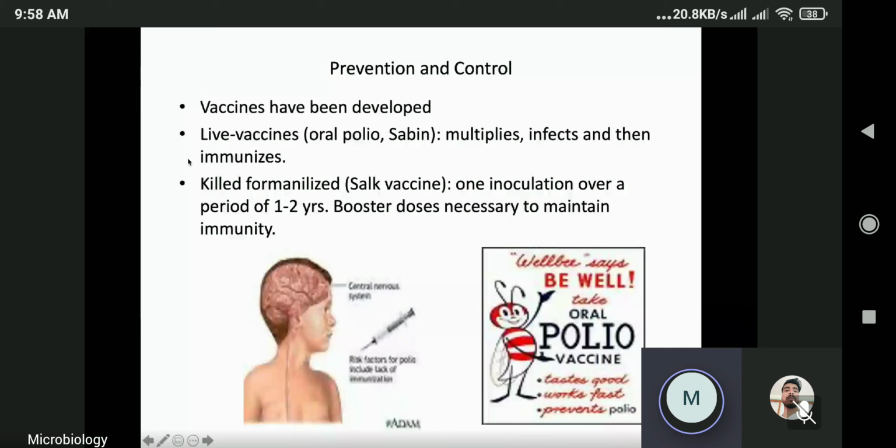These live oral polio vaccines are useful to maintain local immunity, because of the IgA antibody, since we give them via the oral route. The viruses will have a similar course as the natural polio virus.